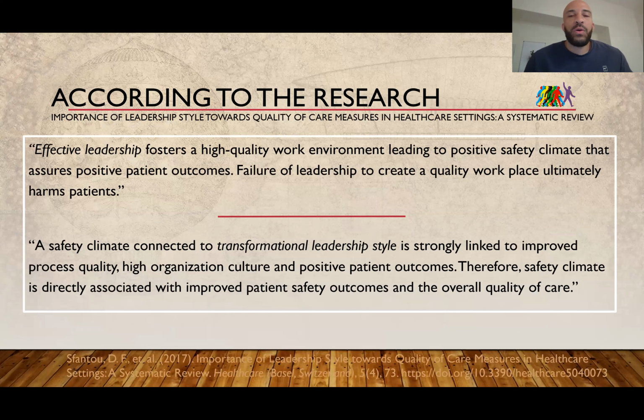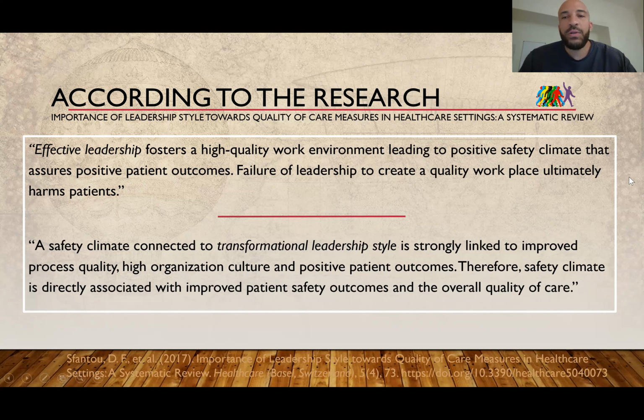Now, according to the research, what is the best type of leadership for someone who wants to become an effective leader? Well, I did some research, and I found an article.